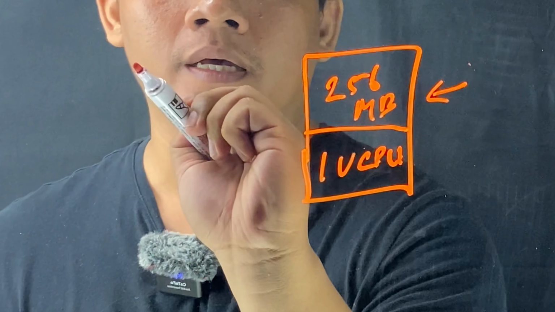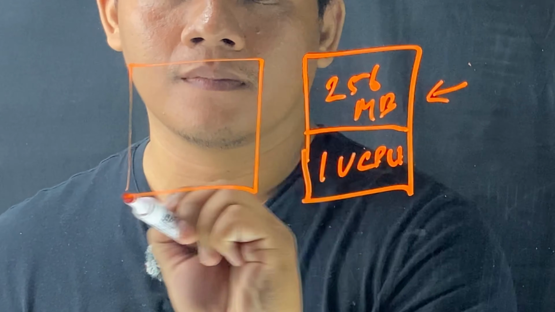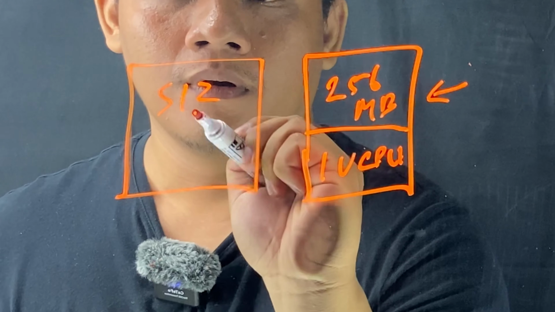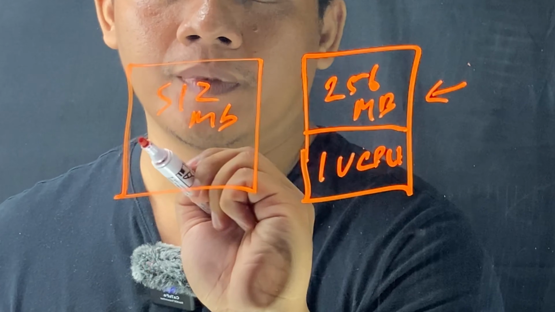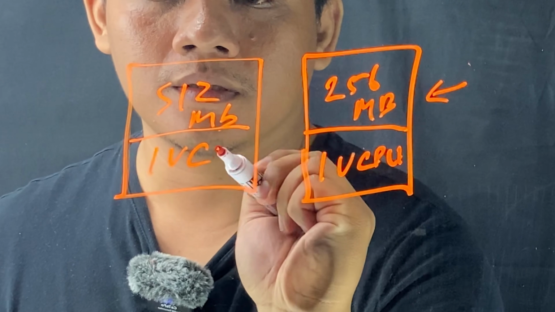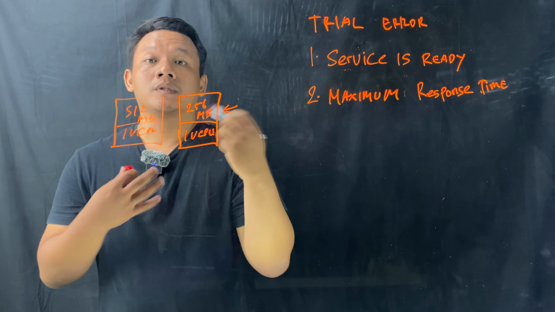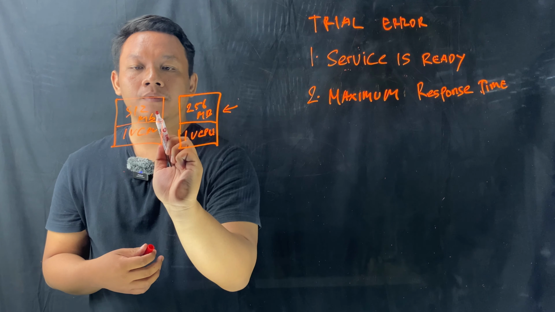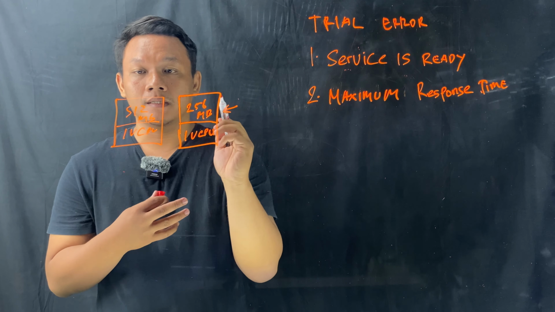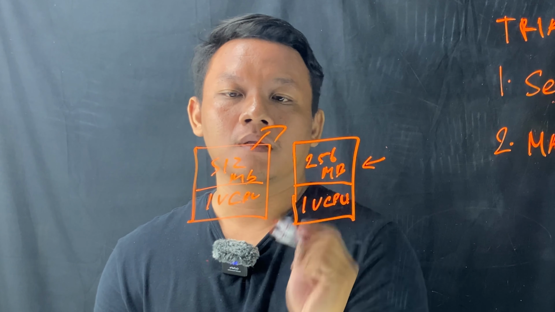So let's say you scale to the next level: 512 megabytes with still the same CPU, one virtual CPU. And we test again. If this one is enough to run your service, then that's it for the memory part.